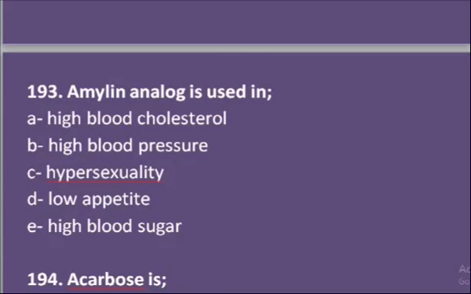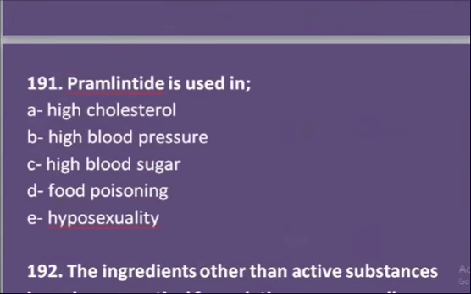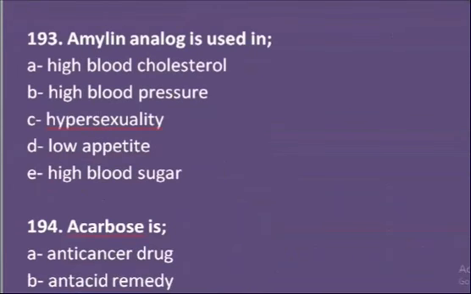Actually amylin analog is a class of anti-diabetic drugs, and we have learnt in our first MCQ that pramlintide is an amylin analog, and as we have come to know, it is an anti-diabetic drug. So amylin analog is used in high blood sugar.